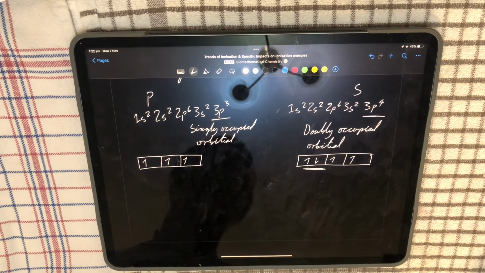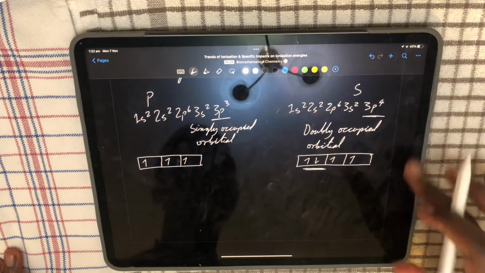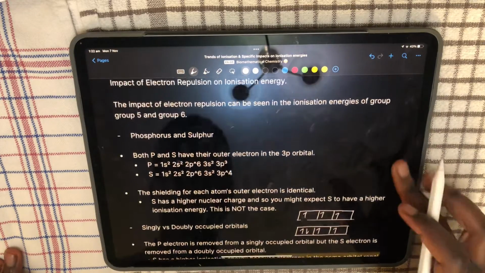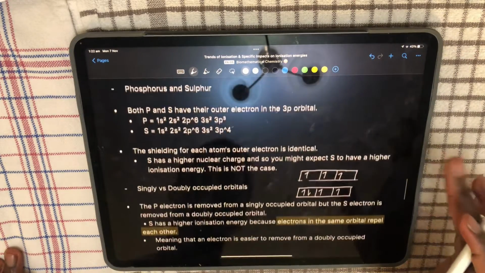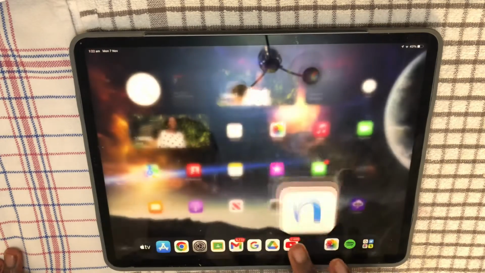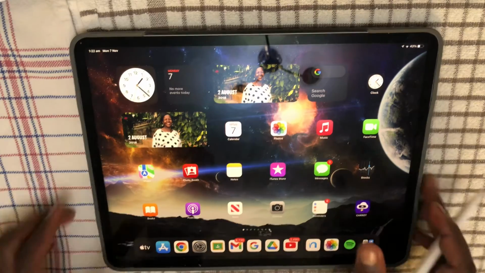Have I got the data for that? I haven't. Did I write it down? I must not have written it down. But it is lower. Actually, I could just go to the periodic table website.